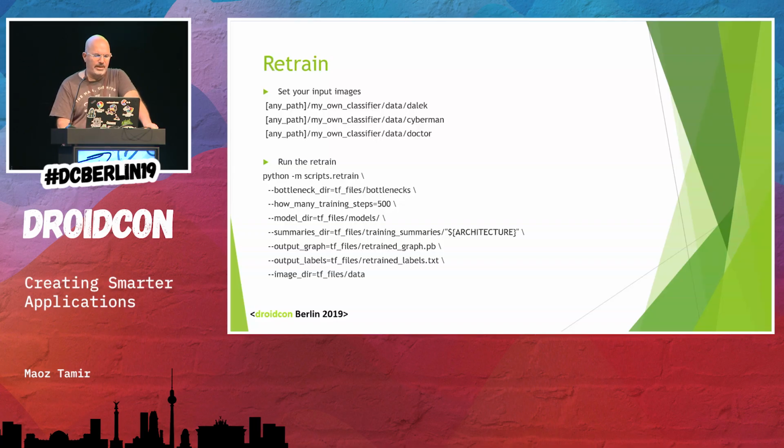So the next step is creating my data set. I've collected all the data. You need to do some kind of a transformation to the data, so the retrain process will actually understand it. We usually do that in Python.